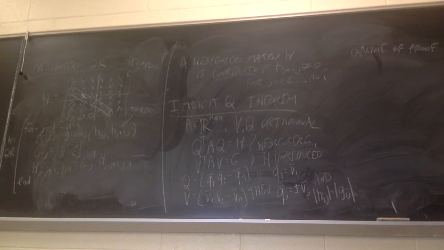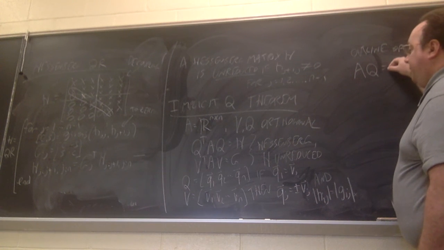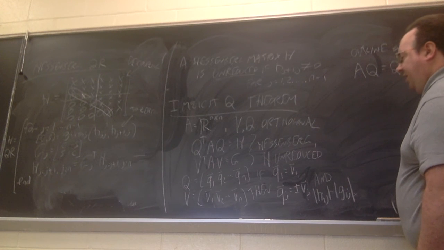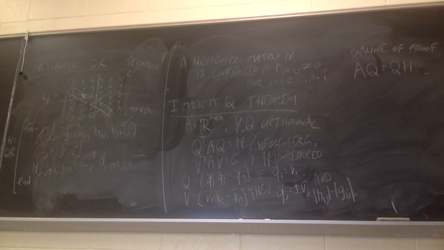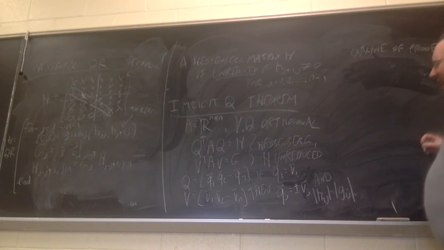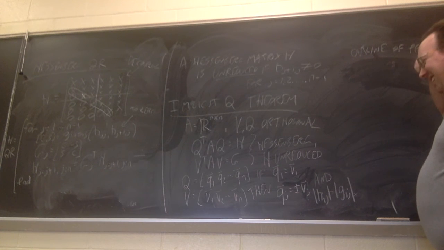I have AQ equals QH, or actually, wait, I don't want to do that. I don't have the steps written in front of me, so I'm doing this from memory. So it's going to suck, but okay.